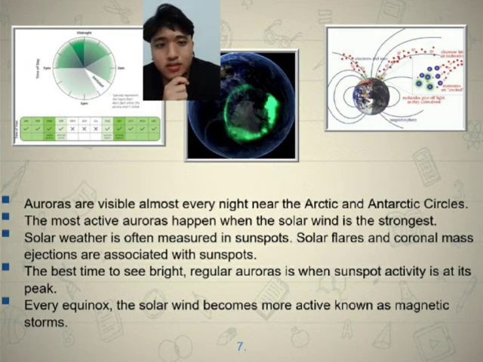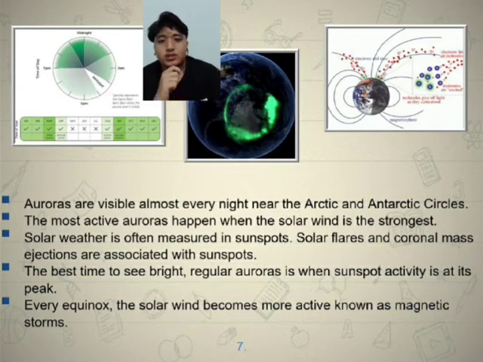The most active auroras happen when the solar wind is the strongest. Solar winds are usually steady, although heating and cooling parts of the sun can change regularly due to solar weather. Solar weather is often measured in sunspots, and solar flares and coronal mass ejections are related to sunspots.